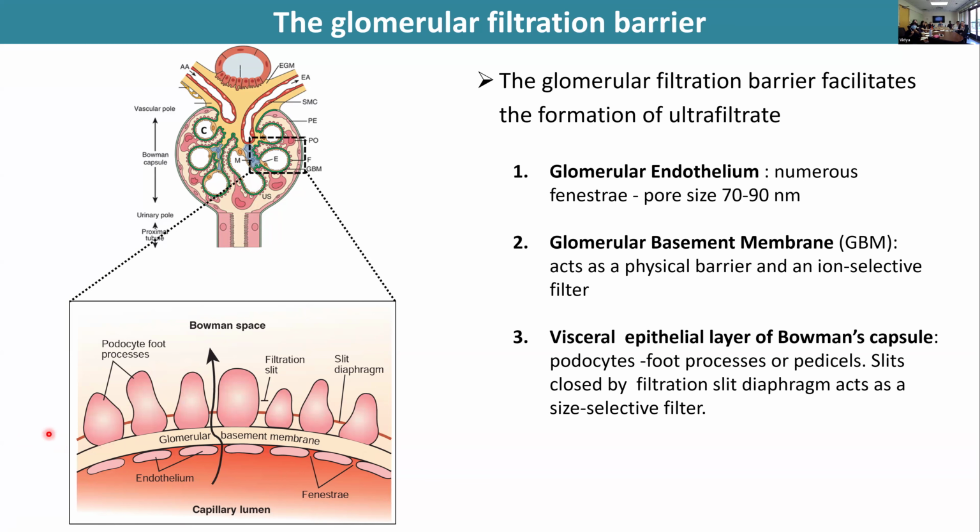These foot-like processes are called pedicels. And we have the slits in between the pedicels, which are called the slit diaphragm. This also acts as a size selective barrier. So when there are defects in the glomerular basement membrane or in the filtration barrier, large molecules like proteins will come out and cause protein in the urine, which is called proteinuria.